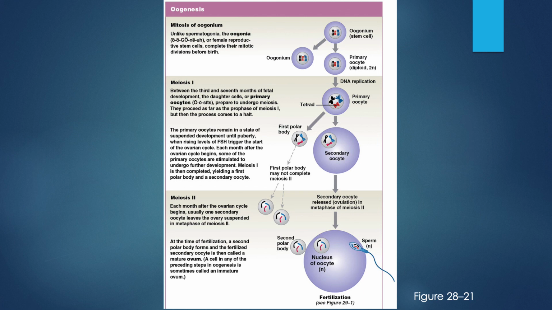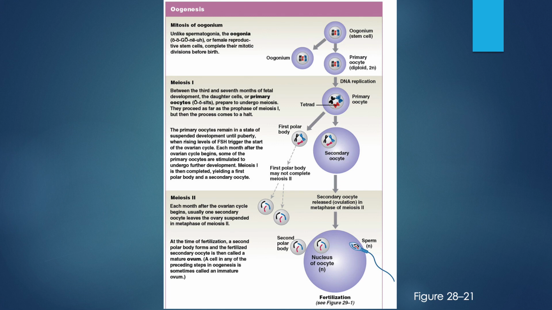As they do that, they get as far as prophase 1 of meiosis 1, so the very beginning, but then it comes to a stop. At this point, the primary oocytes are just going to hang out in suspended development until puberty. At that point, the rising FSH levels will trigger the start of an ovarian cycle.